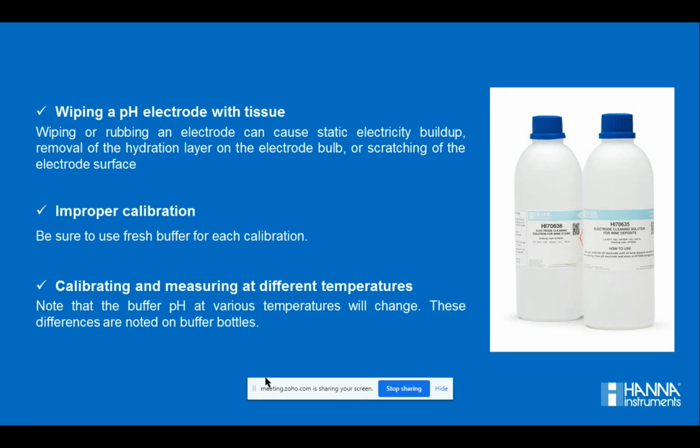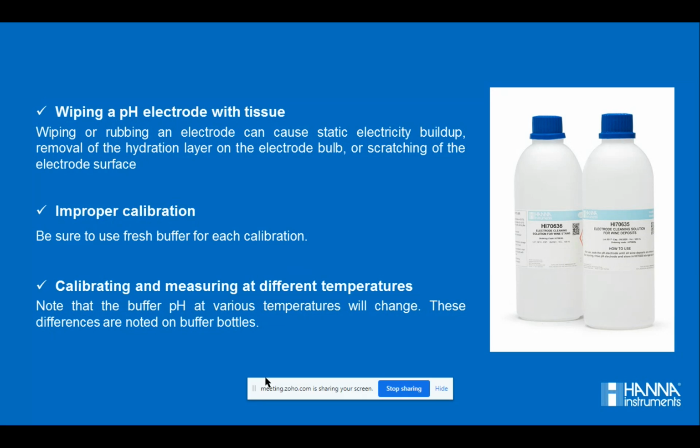If your 4 buffer is at 15 degrees centigrade and your 7 pH buffer is at 20 degrees centigrade, then the difference of 5 degrees centigrade will create an error in the calibration, and thus it either will not take the calibration or will have some errors in the calibration, giving out inaccurate readings.